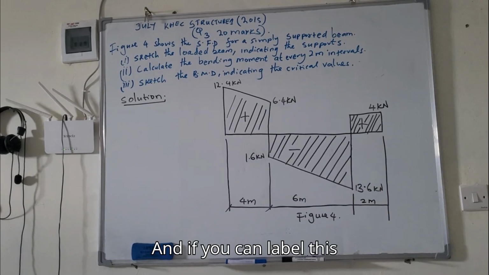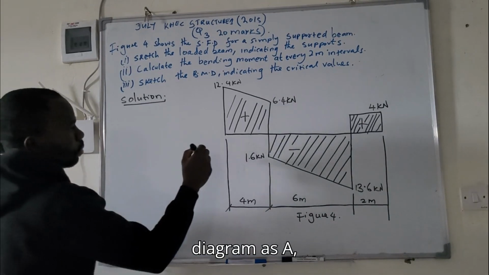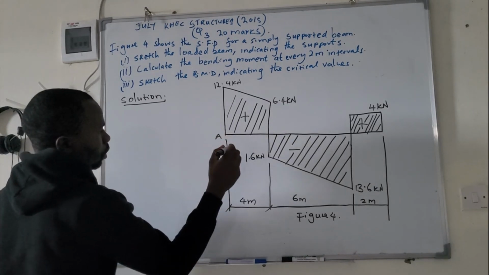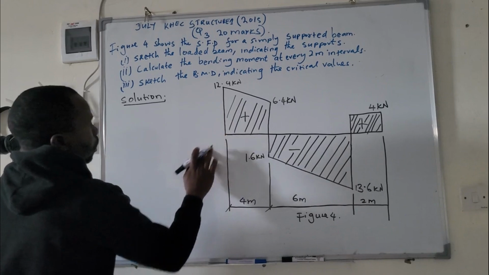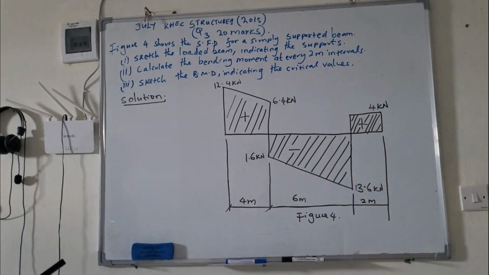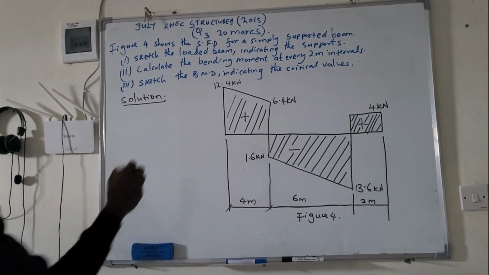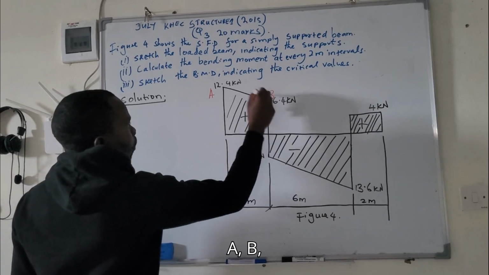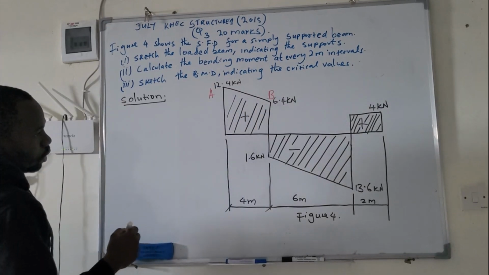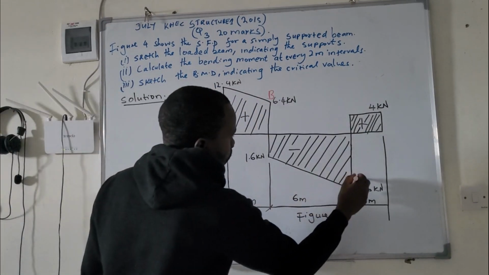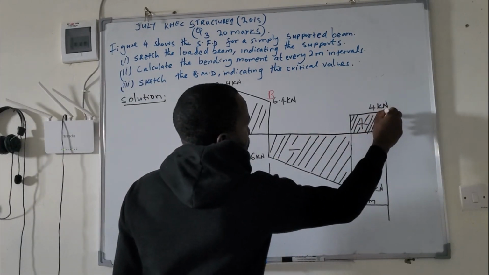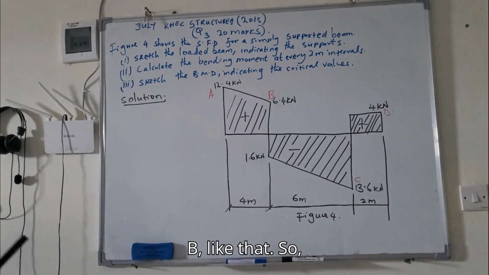Let's label this diagram A, B, C, D, like that.